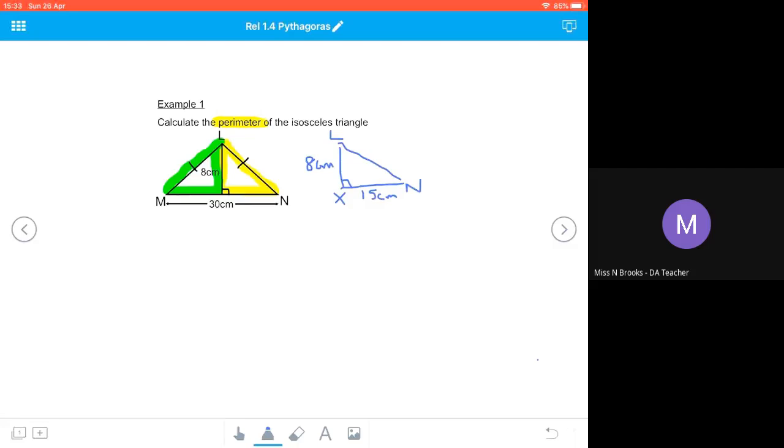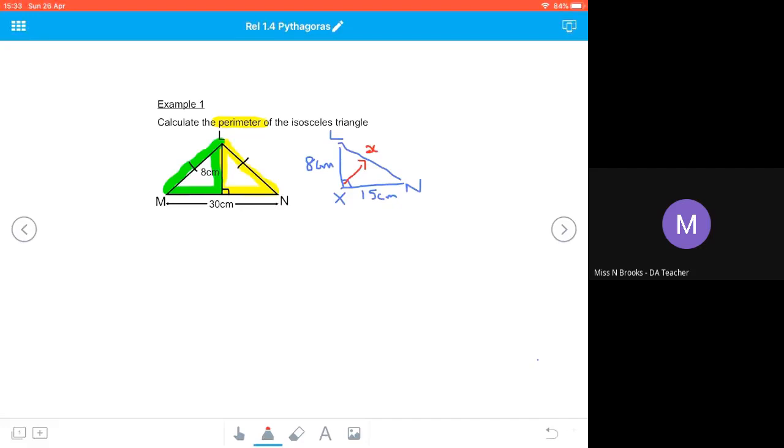So I need to go to my right angle and have a look and see, do I have anything on the opposite side? And no, I don't have any value there, and I'm going to call that x. So I know that I'm looking for the long side of my triangle.